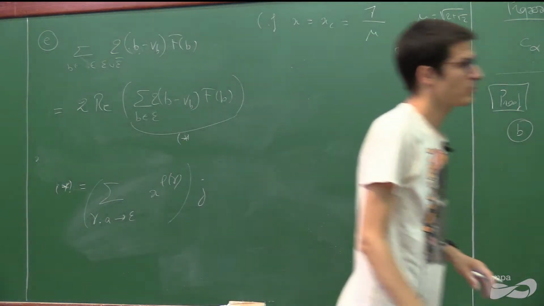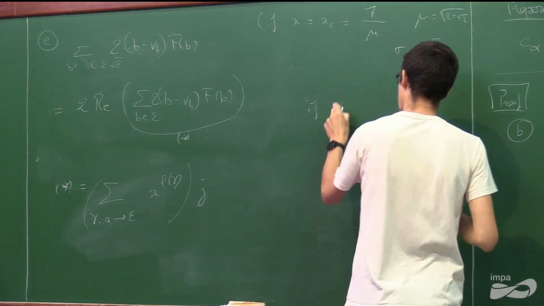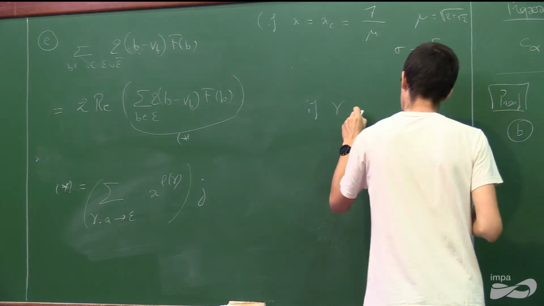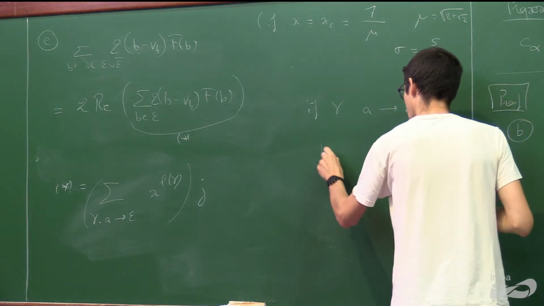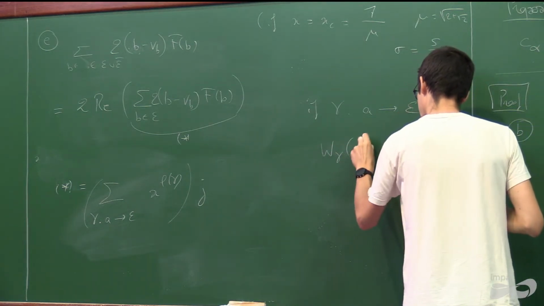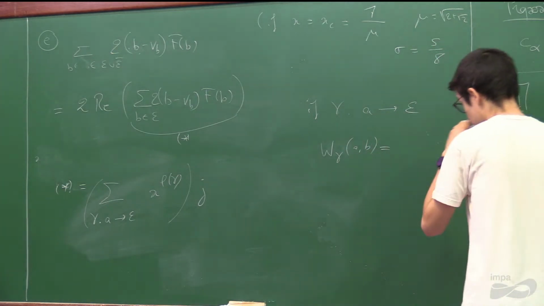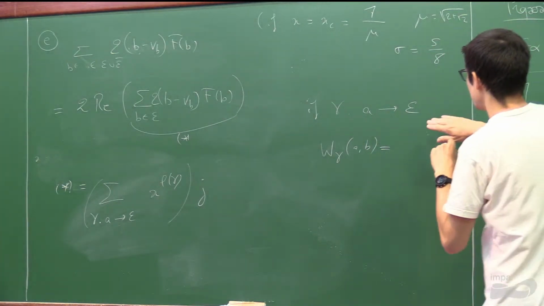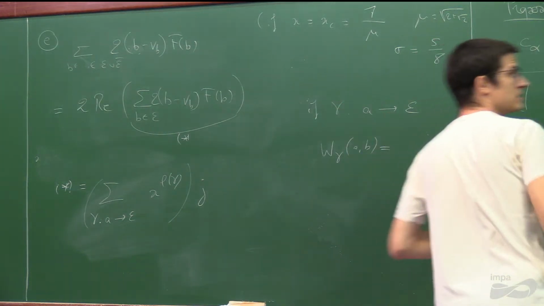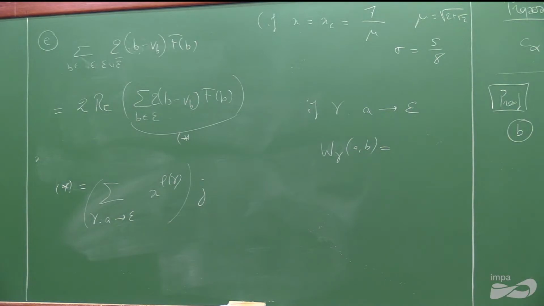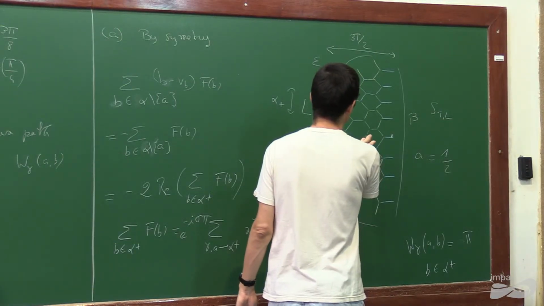And the winding numbers: if gamma is from A to epsilon, then the winding number of gamma from A to B is equal to, let's see, I guess 2 pi over 3.